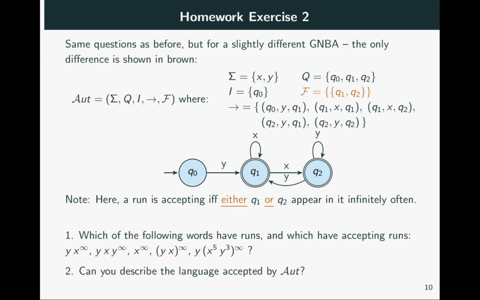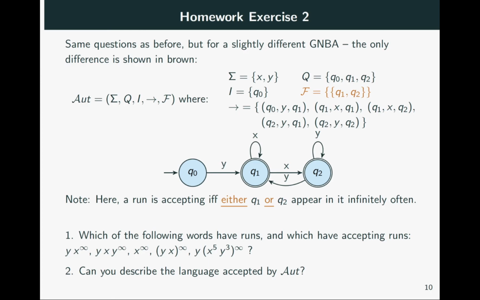Now, the accepting run condition, which requires visiting the accepting sets, here just one, infinitely often, means, in our case, having either Q1 or Q2 appear in it infinitely often. So not both of them have to appear infinitely often, but at least one of them has to appear infinitely often for the run to be accepted.